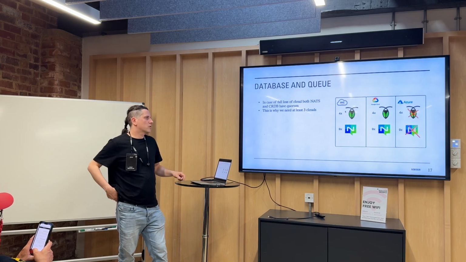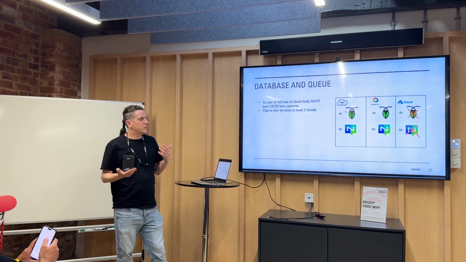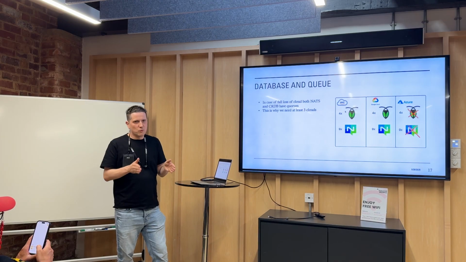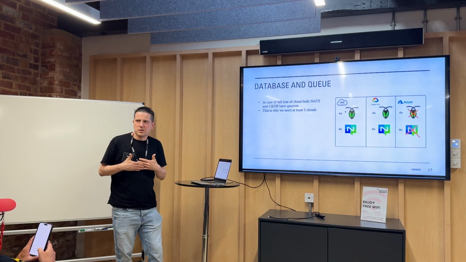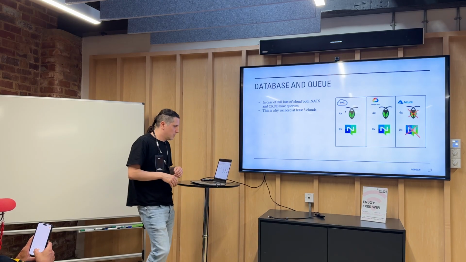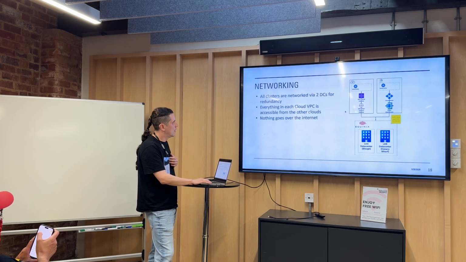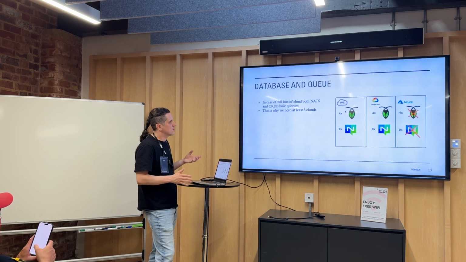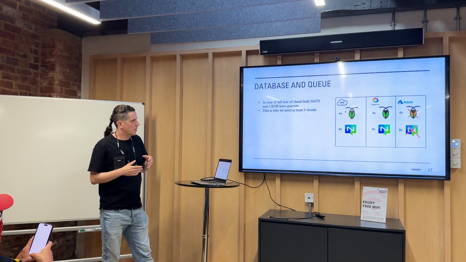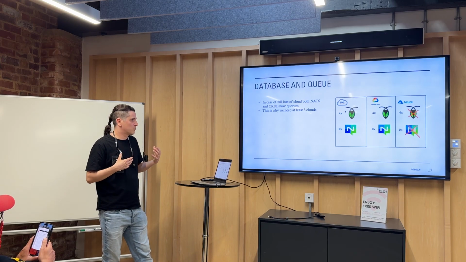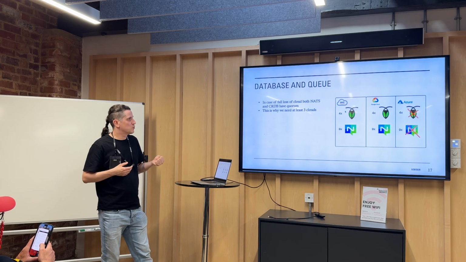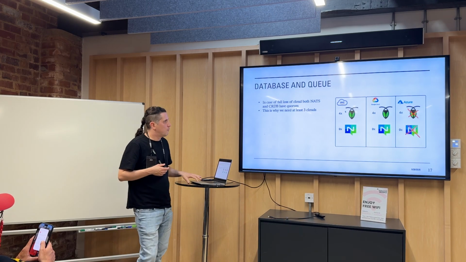Otherwise you would get into a split brain situation where both of them would be writing potentially to the same records, and reconciliation would be difficult at the very least. So this obviously provides you very good resiliency, so it allows you to survive a full cloud outage.